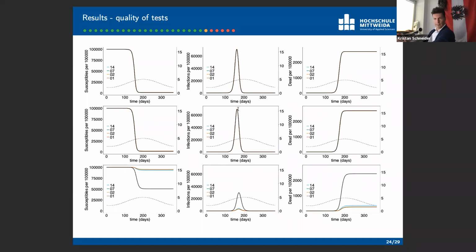How many hospital beds do you need? How many quarantine units and so on? So they are good for that. What they are not good for is the initial phase. It's a deterministic model. In the initial spread of the epidemic, a few individuals get infected and they start infective chains, and there's a lot of randomness involved.